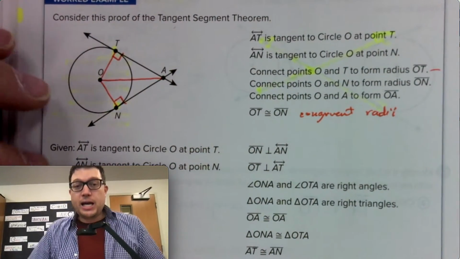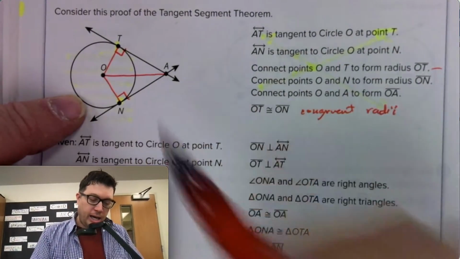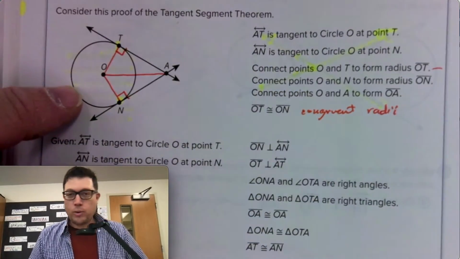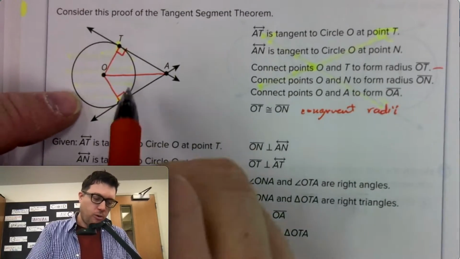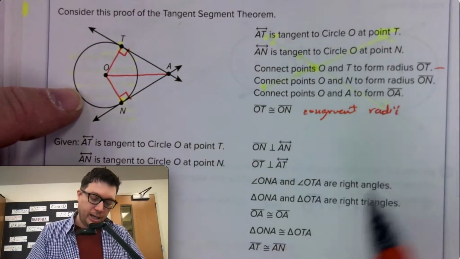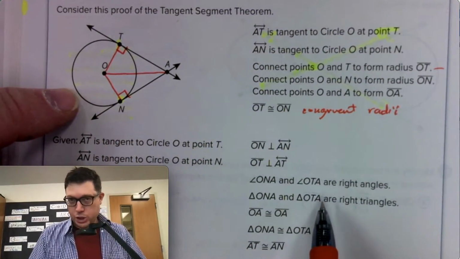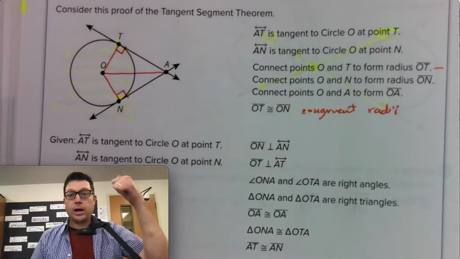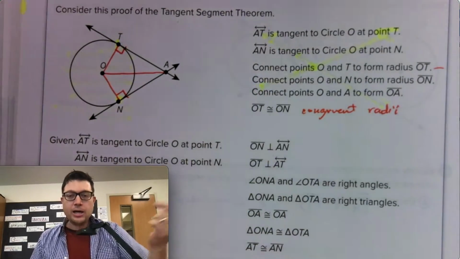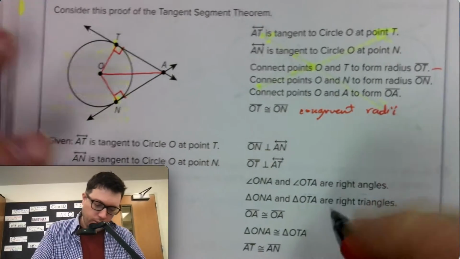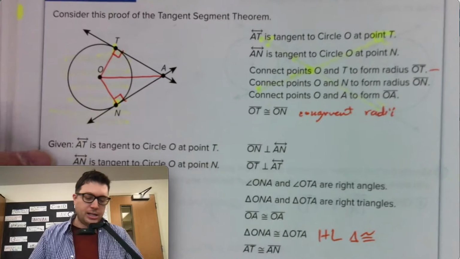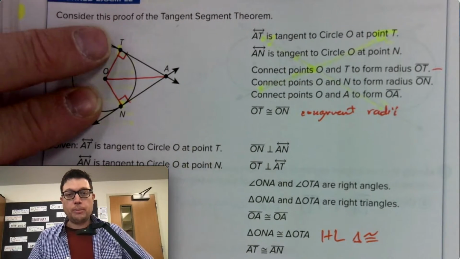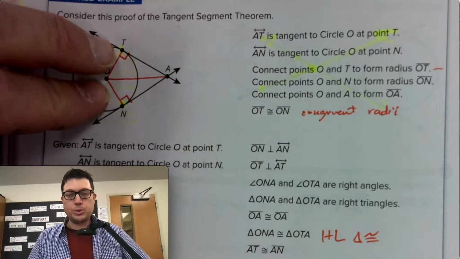So now what we have is that angle ONA and angle OTA are right angles, and therefore they create right triangles. So triangle ONA, being a right triangle, having congruent hypotenuse and leg, through HL triangle congruence, that tells us that the top triangle and bottom triangle are actually congruent to each other.